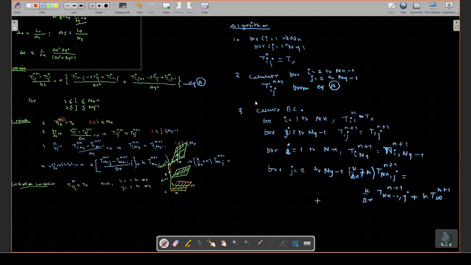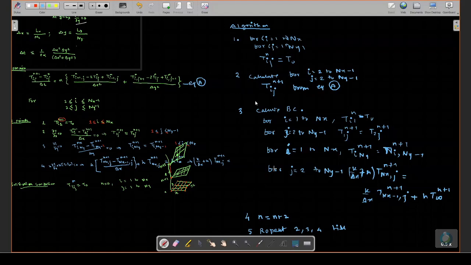So once you have done this, you have done it for n plus 1. Now you increase n, n equals n plus 1, and repeat. You don't have to repeat the first step, because this is only for the beginning.